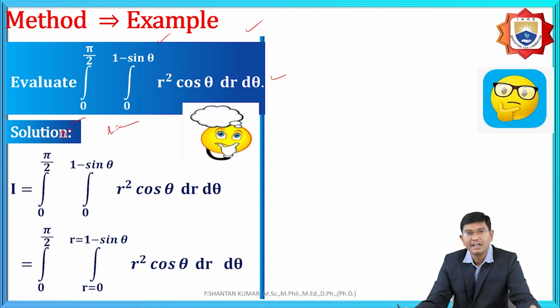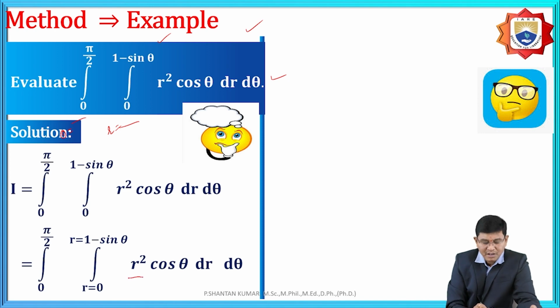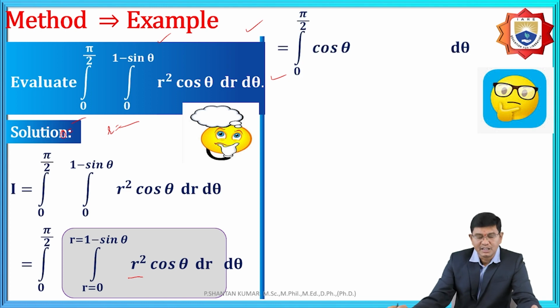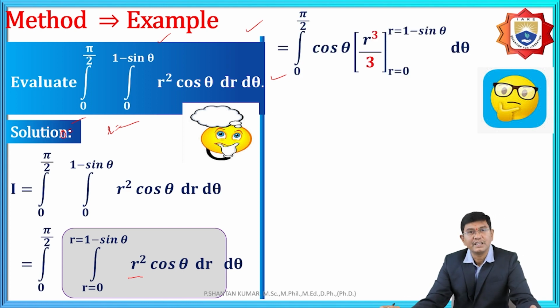Here, we integrate with respect to r first, therefore cos θ is taken out common. After taking cos θ out, the integration of r square is r cube by 3, with limits 0 to 1 minus sin θ and dθ.